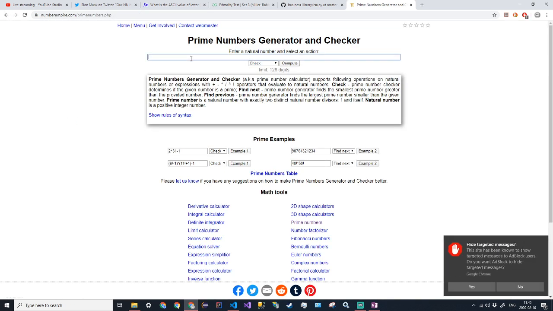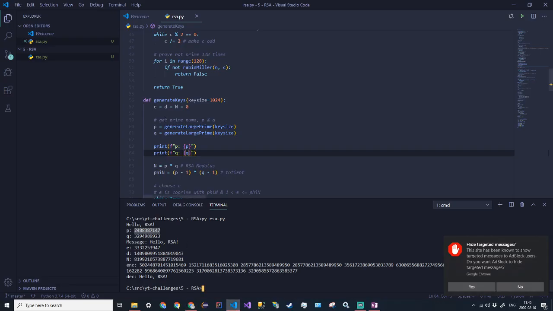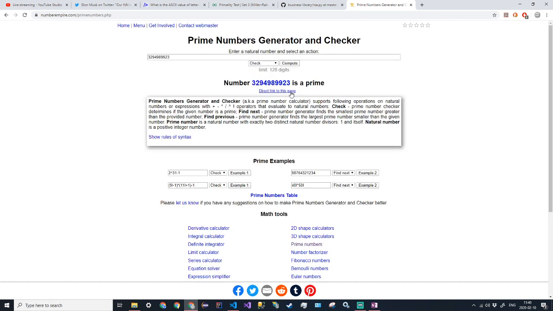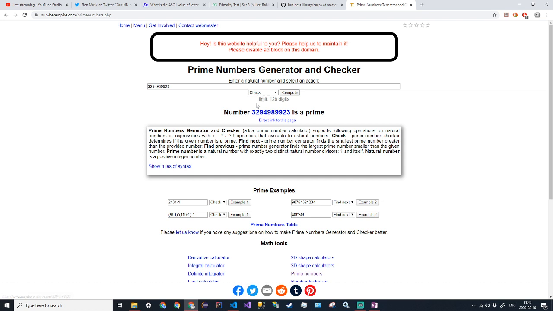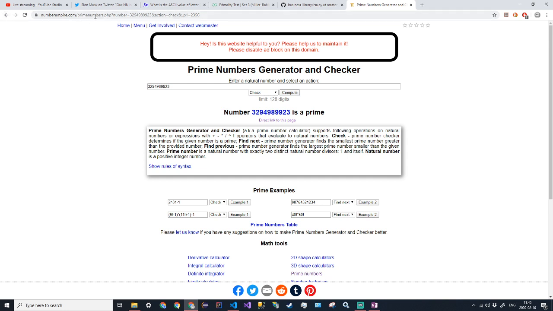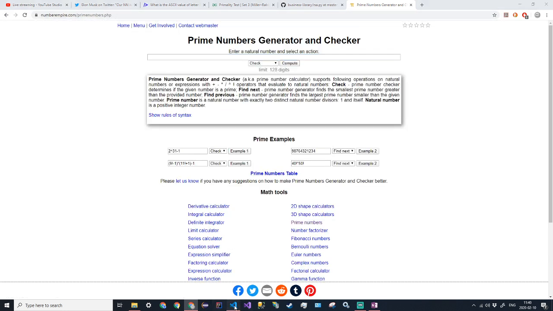Oh, here we go. Is it prime? Okay. And then the second one was q. And that's a prime. Okay. Nice. Yeah, so that is RSA encryption. Pretty neat.